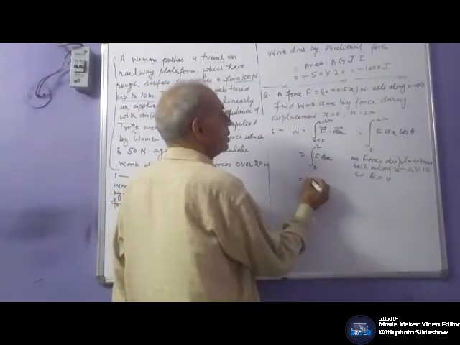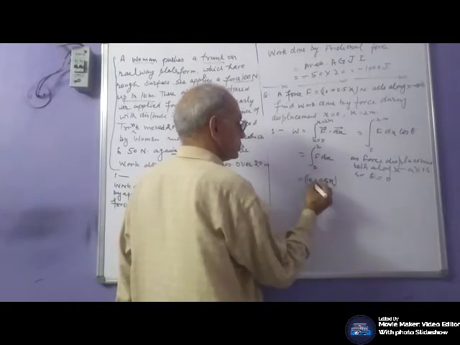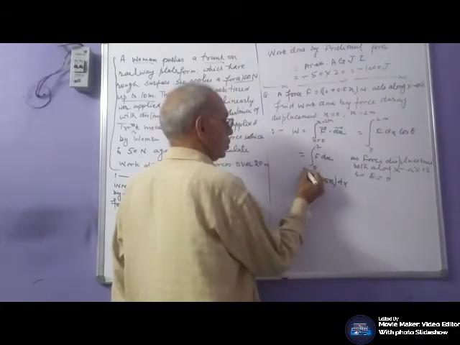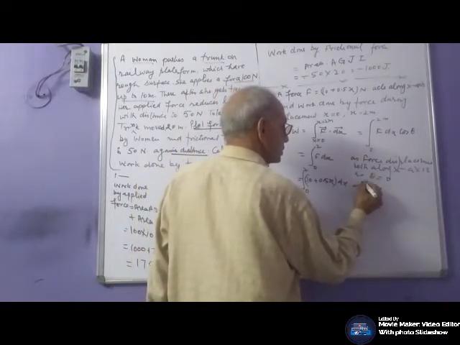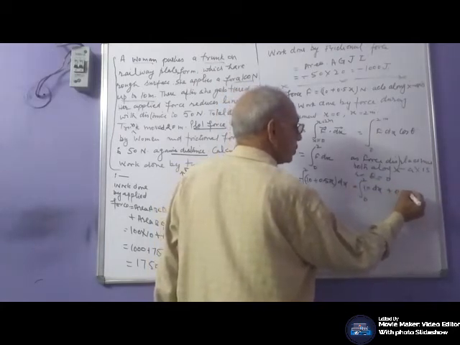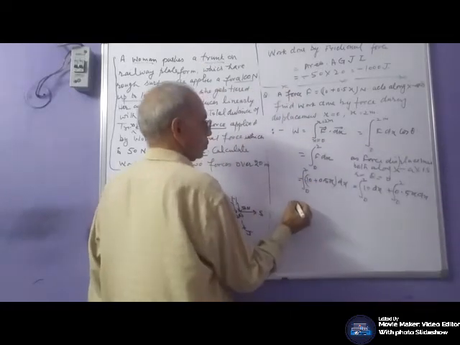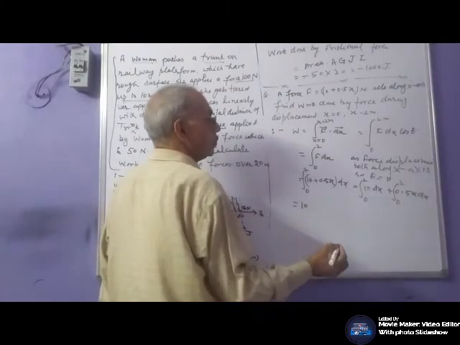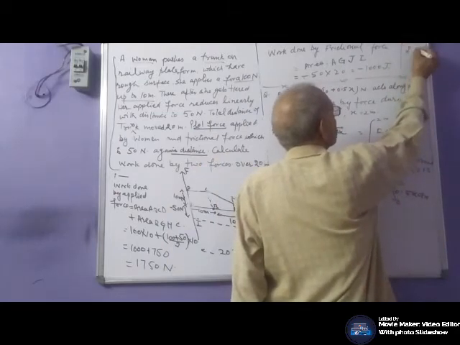F is 10 plus 0.5x, dx, 0 to 2. It is 10 dx from 0 to 2 plus 0.5 x dx with limit 0 to 2. 10 outside, integration of dx means x to the power 0, dx.